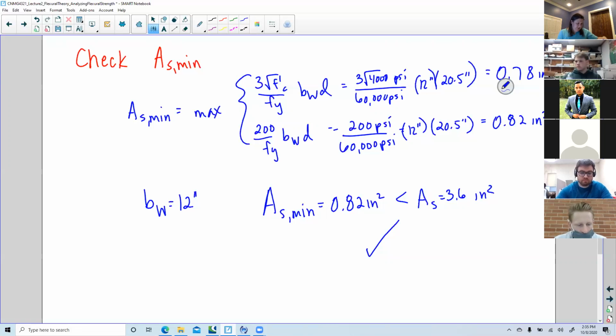But yeah, I definitely made an Excel spreadsheet when I was trying to figure out the exam problems, because I wanted something that didn't yield, so I had to play around with stuff. But yeah, so now we are finished with analyzing. We're gonna actually start designing the beams and then calculating their capacity.